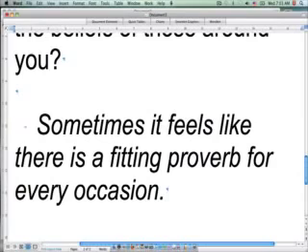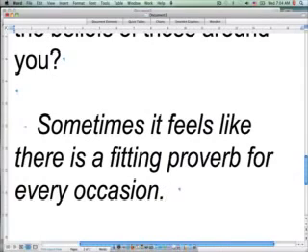And in writing this, it's sort of poking fun at the essay question in a way, because it's very true. Sometimes a proverb will say one thing, and then a proverb from somewhere else says the exact opposite. So proverbs are kind of difficult things to draw really helpful advice from. So sometimes it feels like there is a fitting proverb for every occasion.